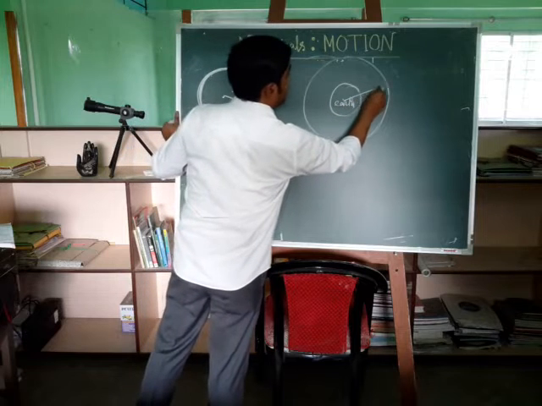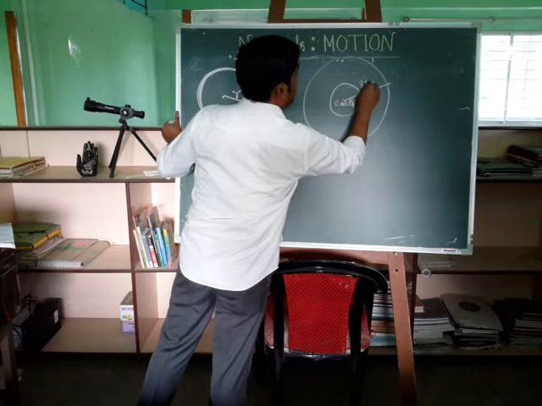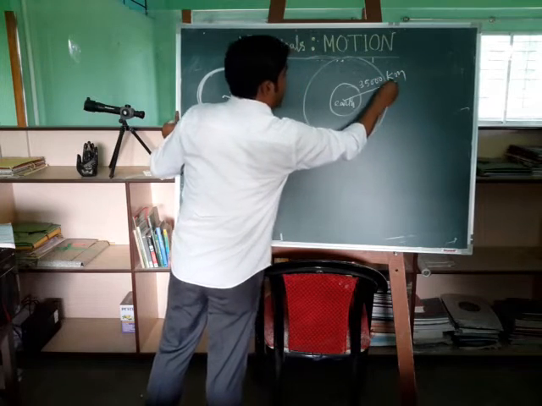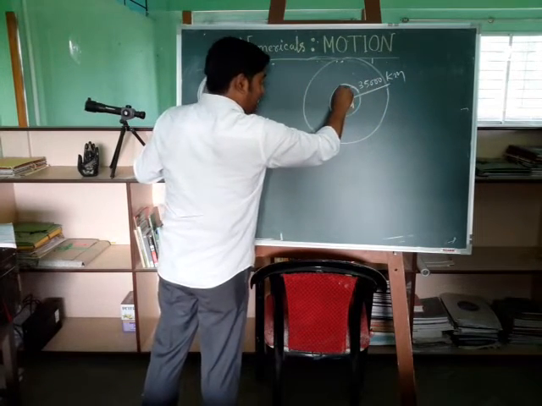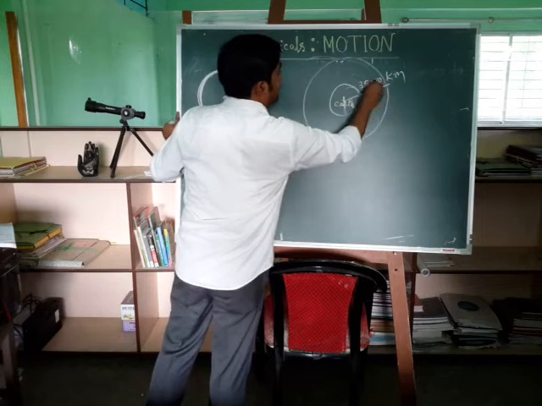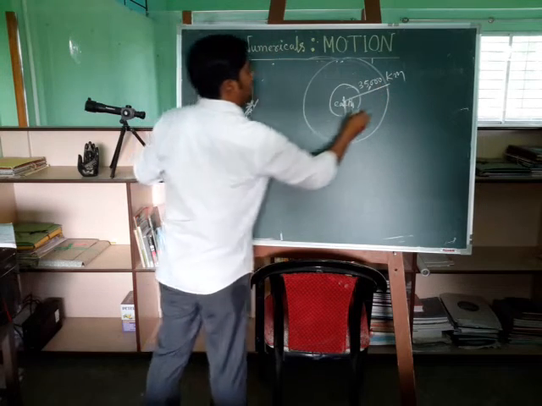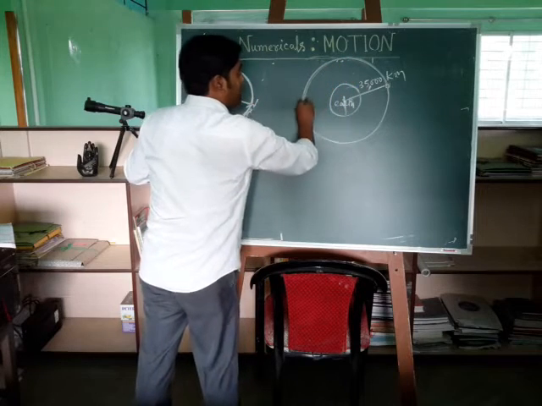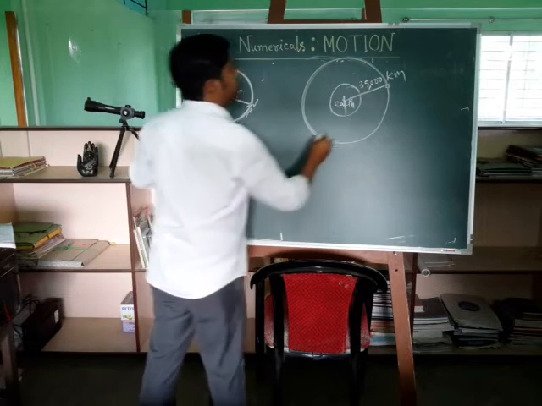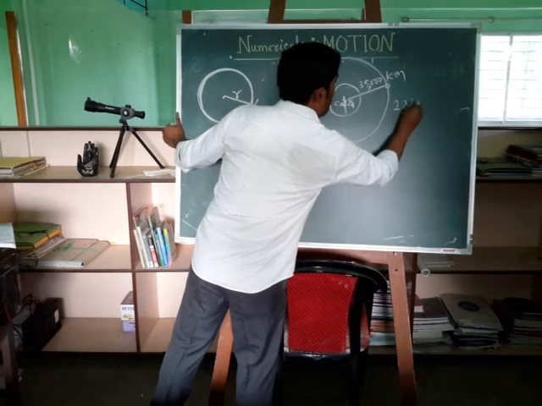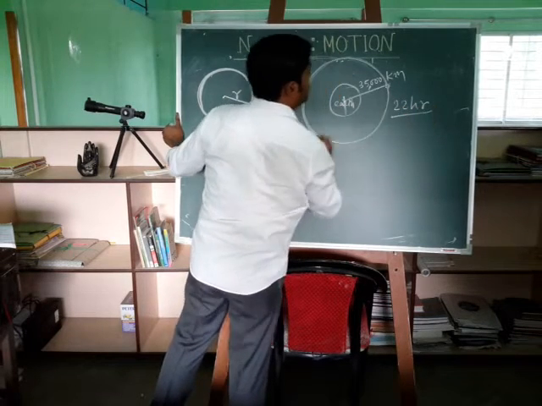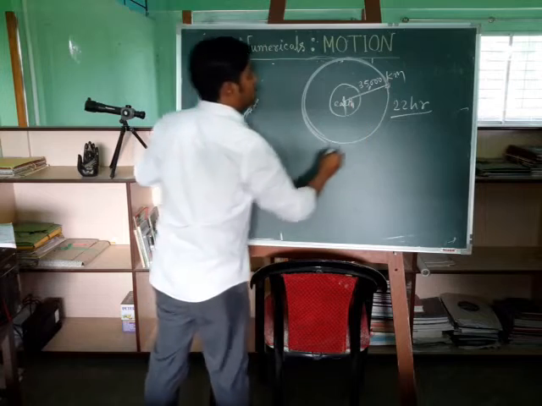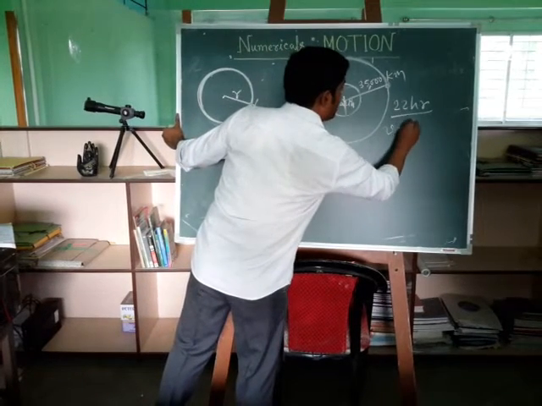The radius of this orbit, meaning the distance from the center, is 35,000 kilometers. A satellite is moving along this orbit, and it takes 22 hours to complete one rotation. The question is, what is the velocity of the satellite?